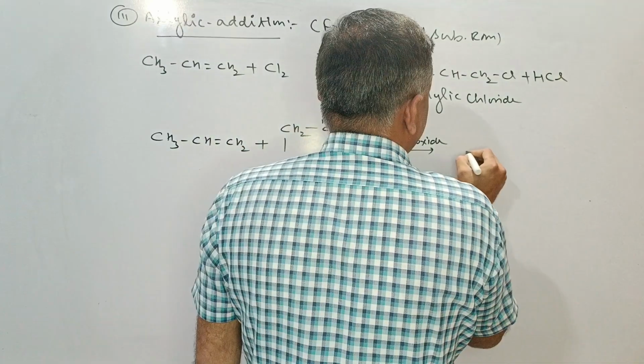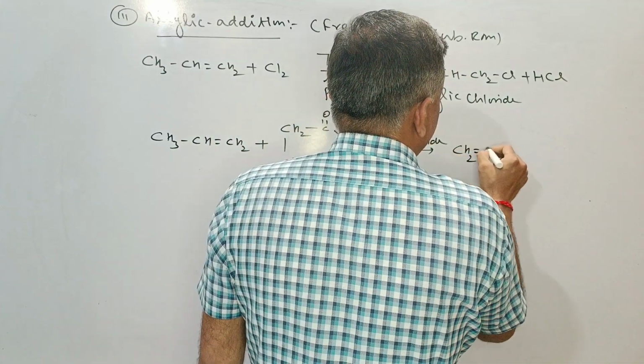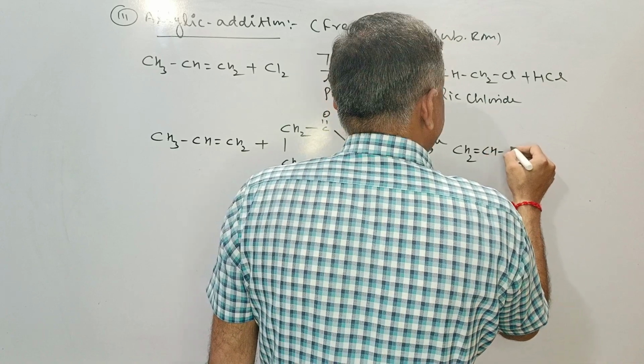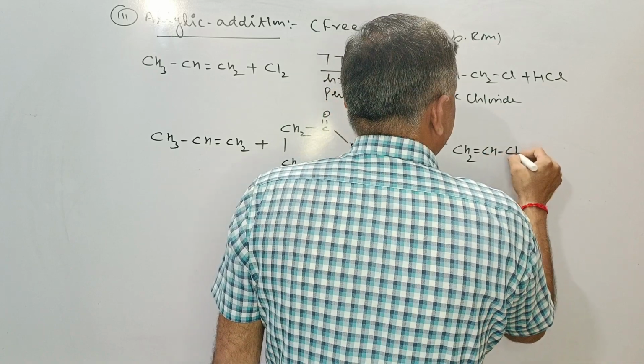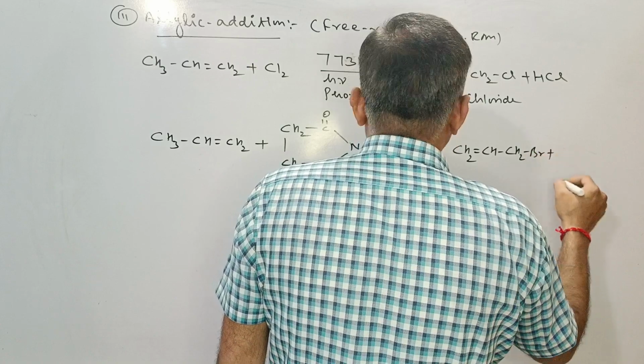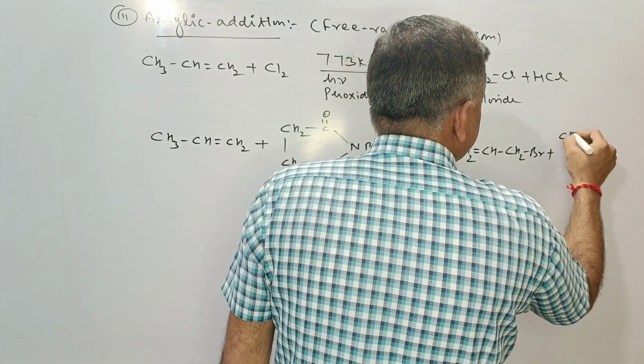So there will be formation of CH2=CH-CH2Br.